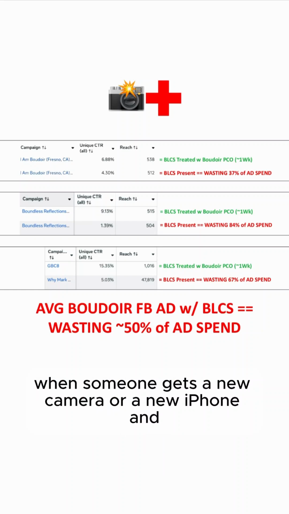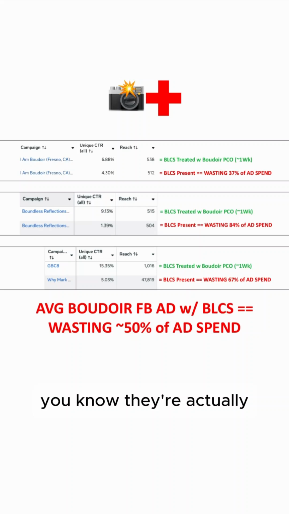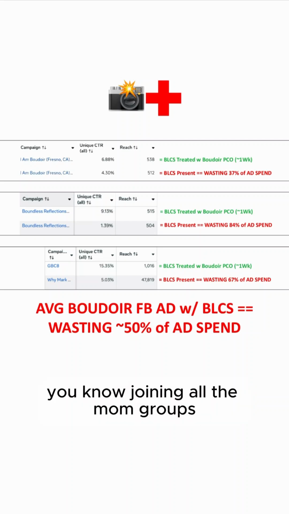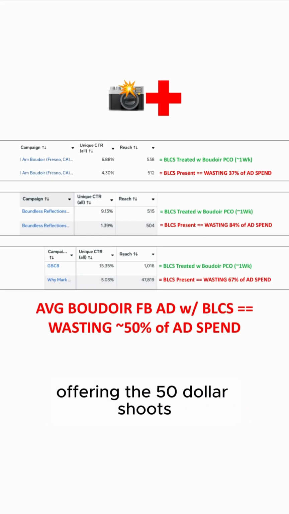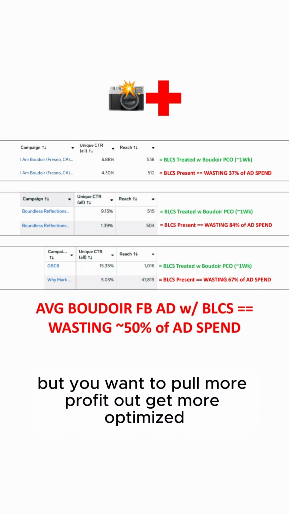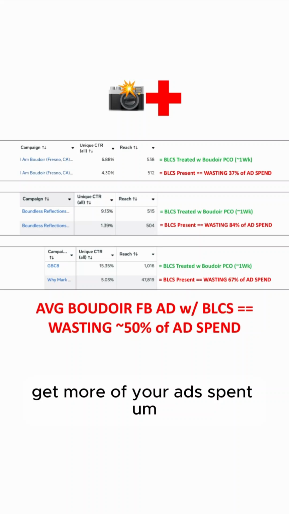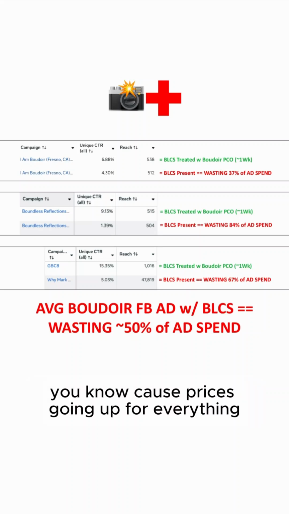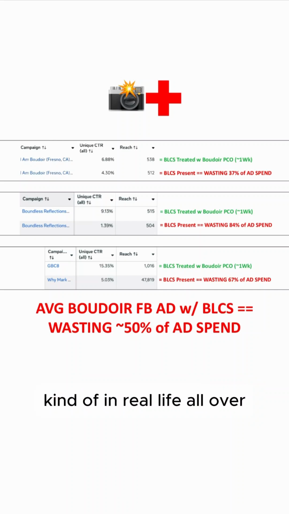It seems like when someone gets a new camera, a new iPhone, they're actually joining all the mom groups, offering the $50 shoots. But you want to pull more profit out, get more optimized, get more out of your ad spend. Because price is going up for everything kind of in real life all over.